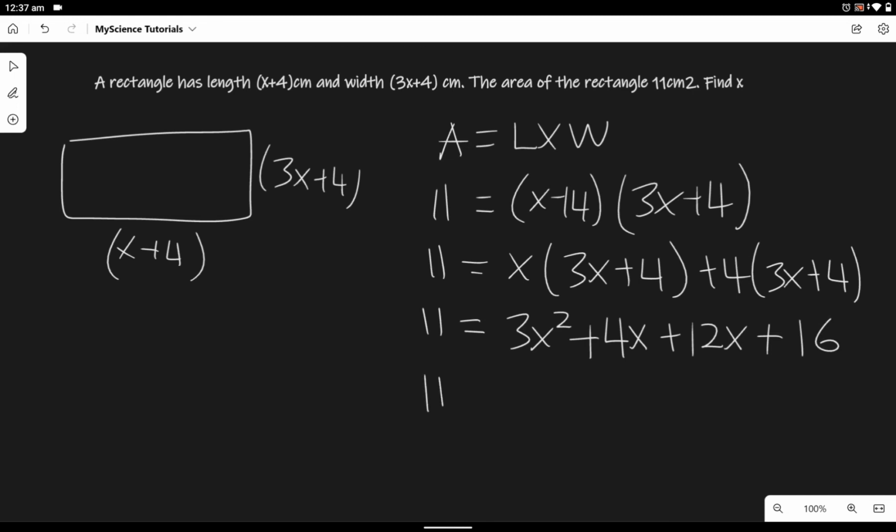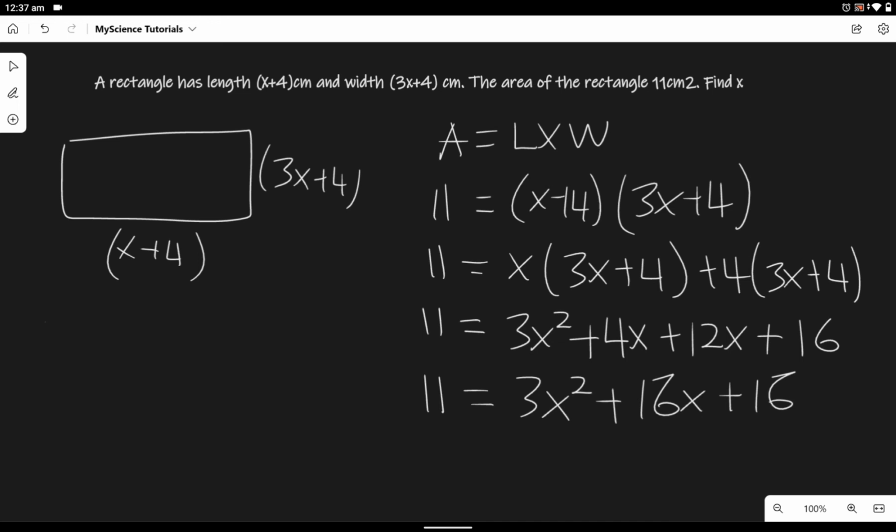So from here I have 11 is equal to 3x squared, then plus 4x plus 12x is going to be 16x, plus 16 again. So from here, I can move the 11 to the right hand side so that I equate my equation to 0. So let me do that here.